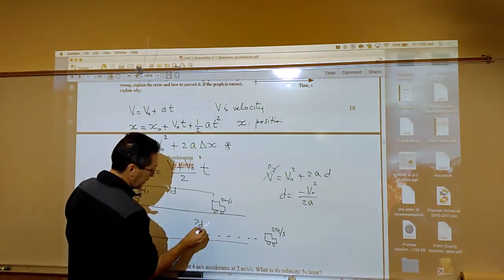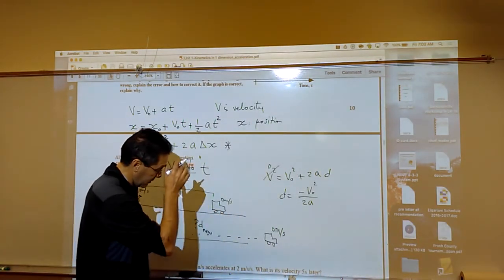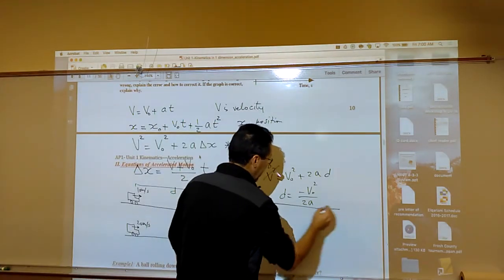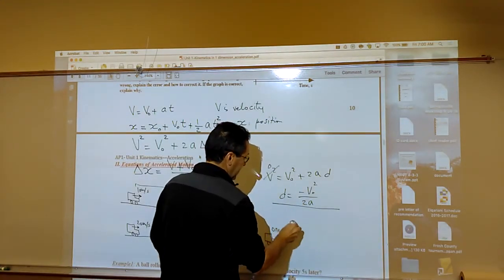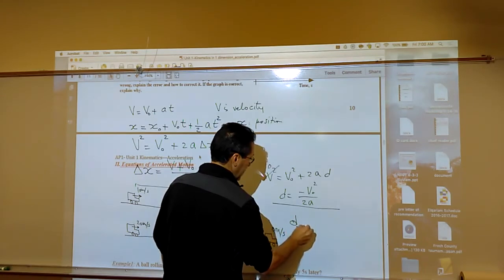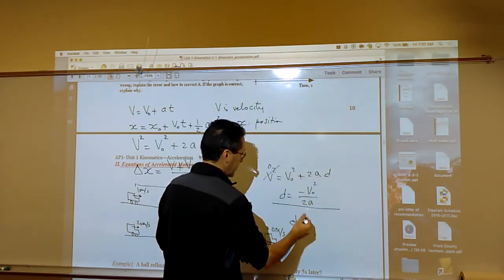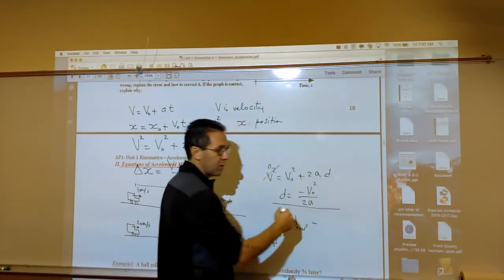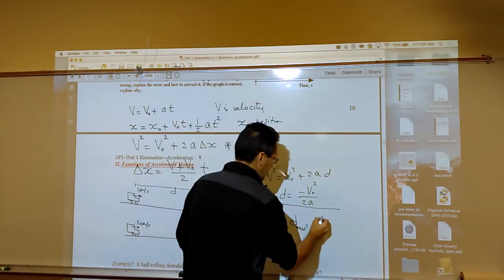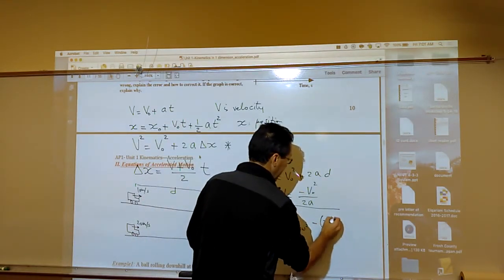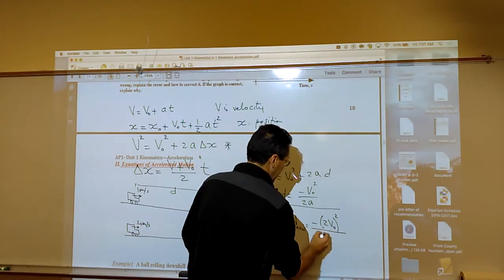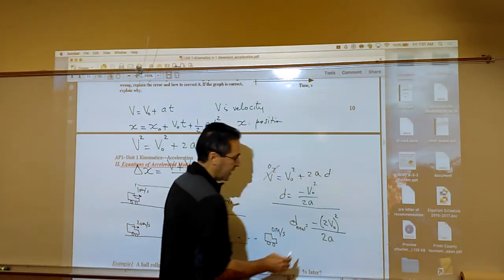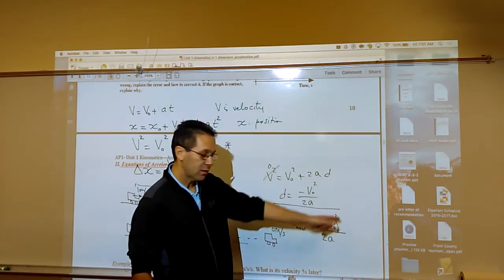Now let's look at this other distance. So let's call this the new distance, right? I do the same process, but this time the v0 is twice as much. So I'm going to put that 2 v0 in parentheses and square, over 2a. And I can see that the 2 gets squared.